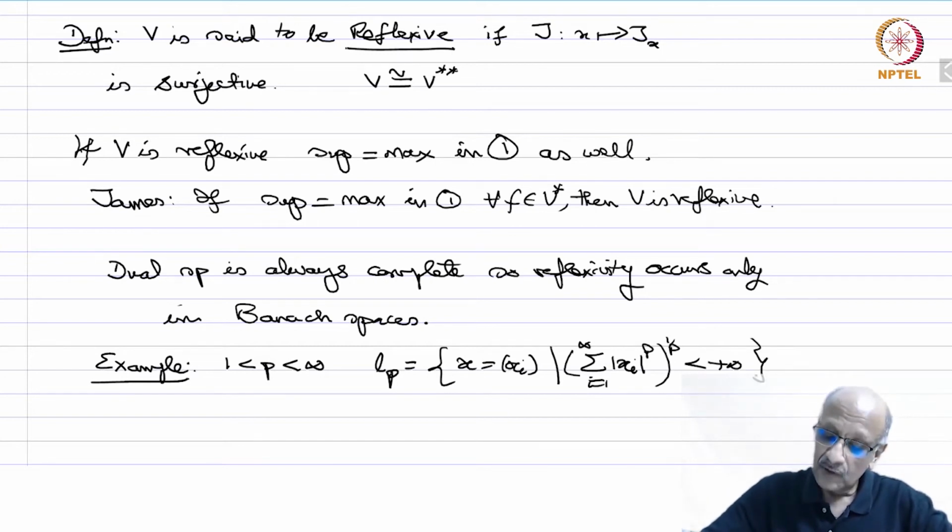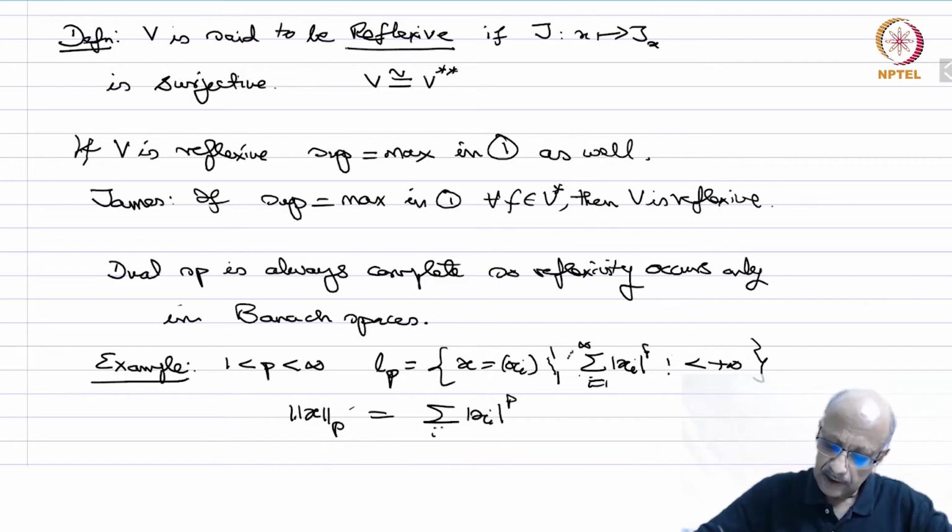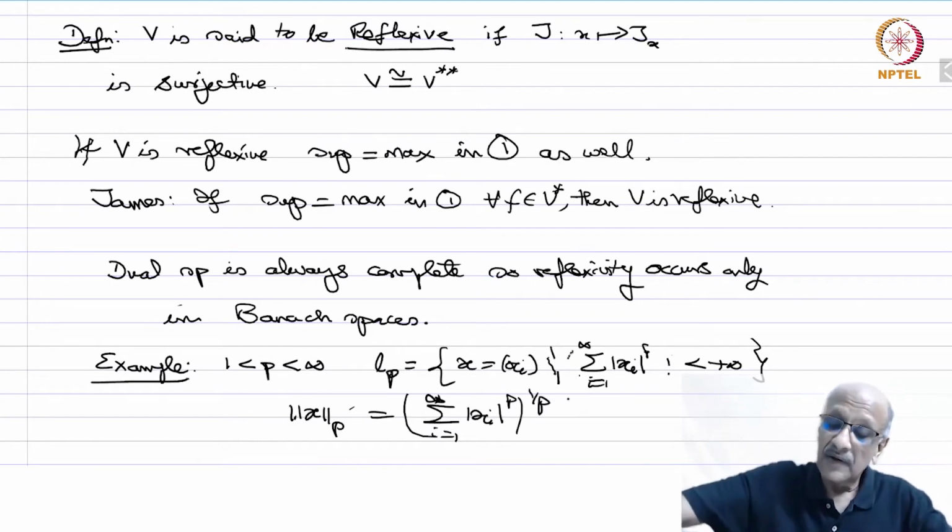And you have the norm of x in p equal to the sum of mod xi power p, i equals 1 to infinity, whole power 1 by p. So this is a Banach space, and we have seen this.